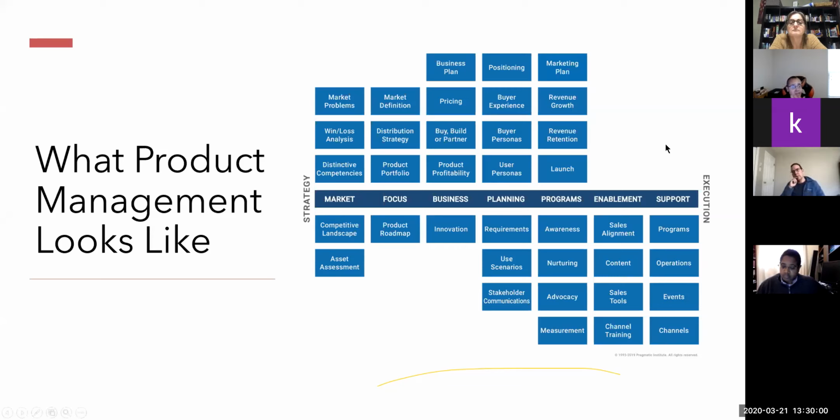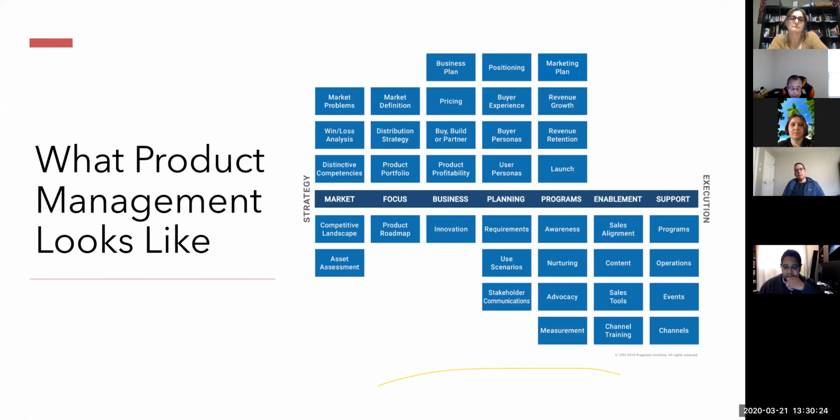And I like this framework because I took this class probably back in 2008. This framework has not changed since then. And you're probably going, oh my gosh, why? That doesn't sound very continuous improvement. Well, because it's a foundation. A lot of this doesn't really change in terms of what you need to do. It changes in how you need to do it.